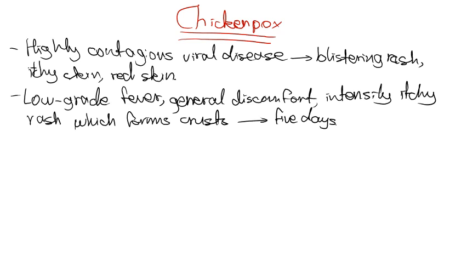Hence, it is immunoprivileged. And these varicella zoster viruses stay in this area for years and years on end. And when a person becomes older and immunocompromised, then they attack the body once again. And essentially, a varicella zoster virus in the future is referred to as a shingles virus.